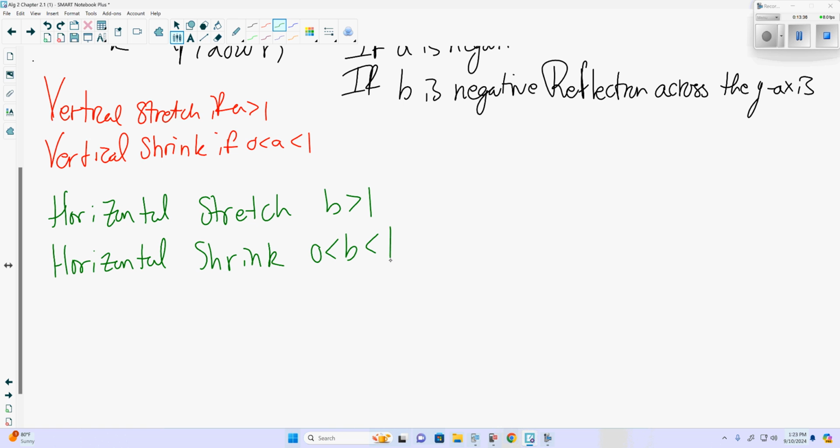Before we apply it or look at the actual value of the stretch or shrink, we have to take that value B and flip it. So if they tell us the value of B is 4, we have to flip it first to 1/4. And 1/4 is between 0 and 1, so it's actually a shrink. And that's going to make a little more sense when we look at it.